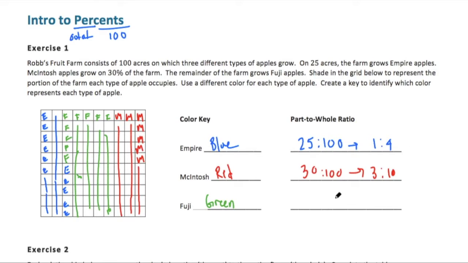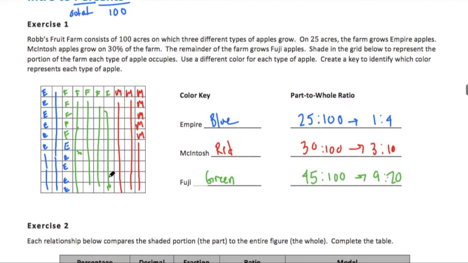And lastly, we have to do a little bit of math. If there's 25 and 30 of the other apples, that's a total of 55 apples. So there's 45 of the Fuji's to 100. And that would go with a 9 to 20 ratio of Fuji apples. Great. So that's a visual to go with percents, but let's continue.